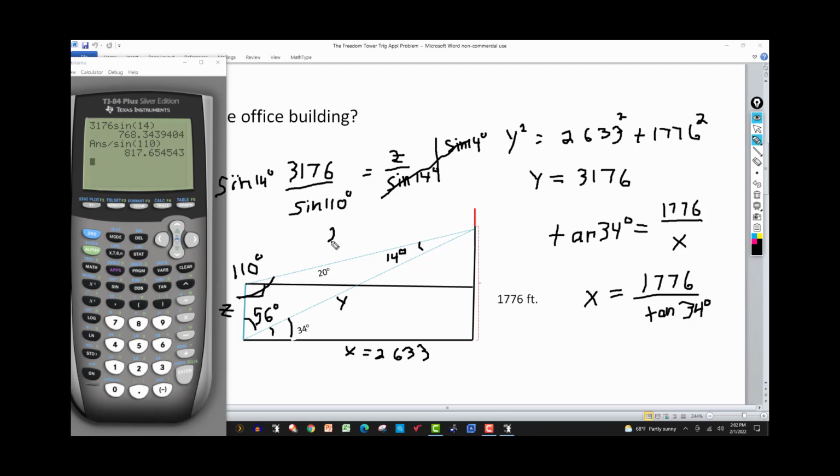So we get z, to the nearest foot, to be 818. And that's feet. So the building is 2,633 feet away from the tower, and the height of the building is 818 feet. Thanks for watching. We'll see you next time.